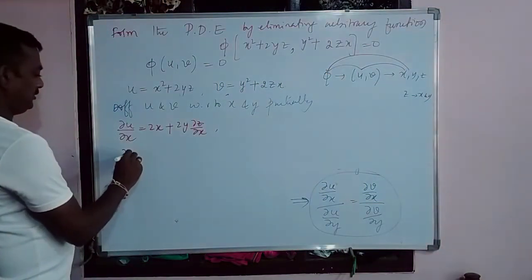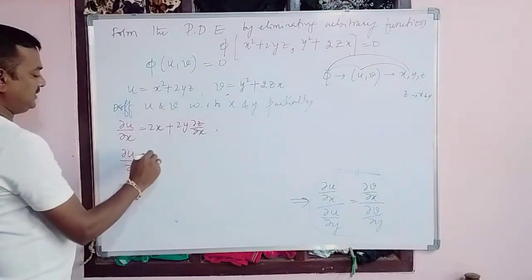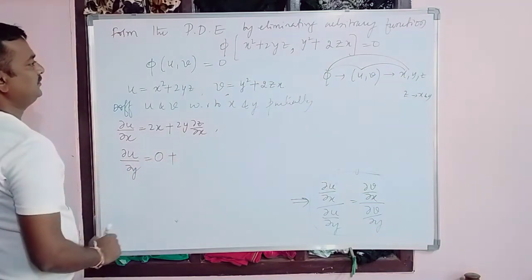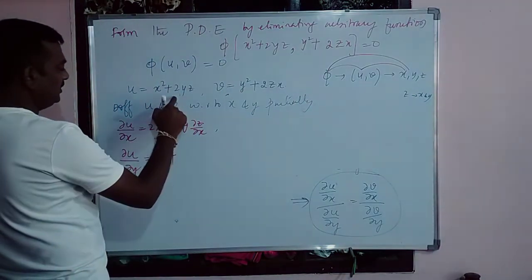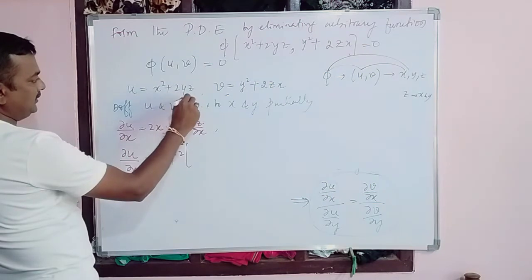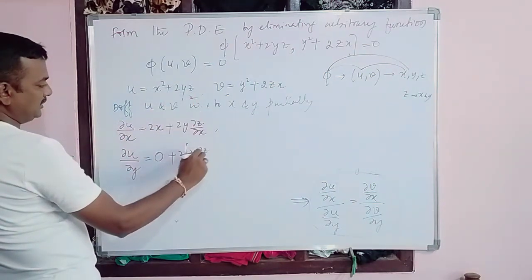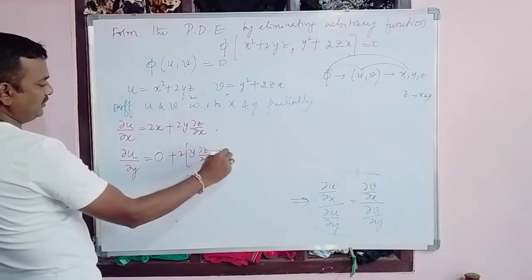Similarly, what is dou u by dou y? With respect to y, x square is constant, becomes 0. Remember this one. Here, 2 times, we apply the product rule: first function y, differentiation of z is dou z by dou y, plus z into the differentiation of y, which is 1.